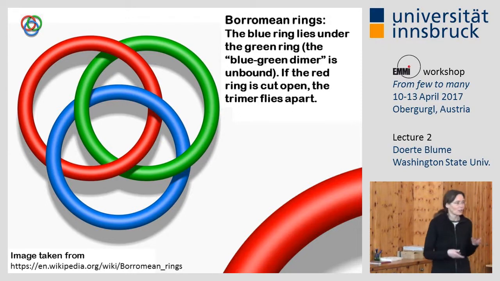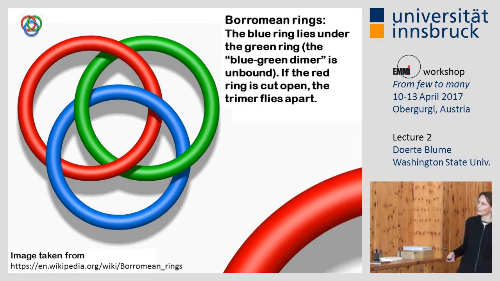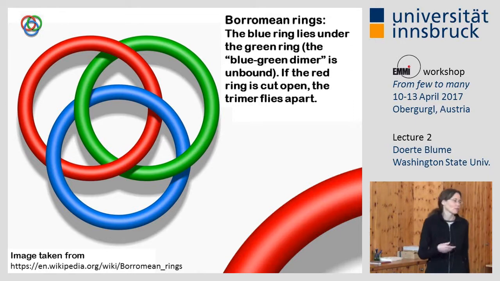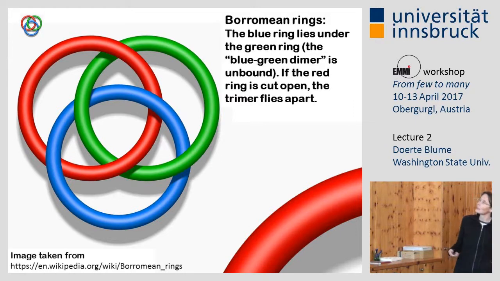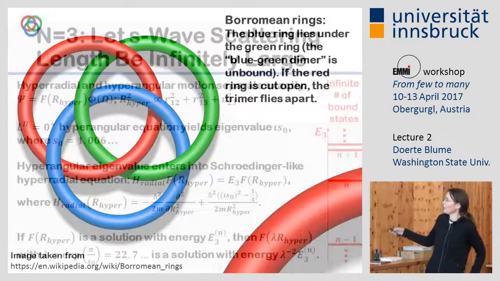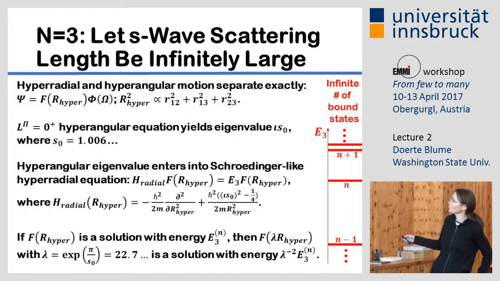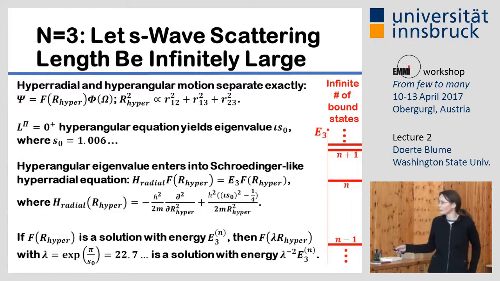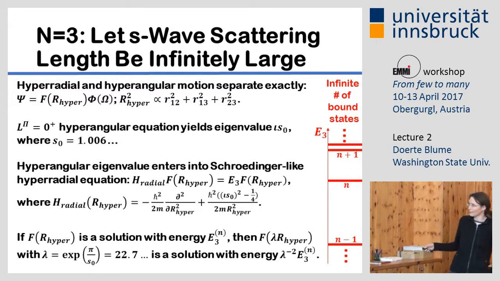So we really need all three particles to have these three-body bound states in the Borromean regime, in the regime where the dimer is not bound. So this picture that I've shown you is for the infinite scattering length case.